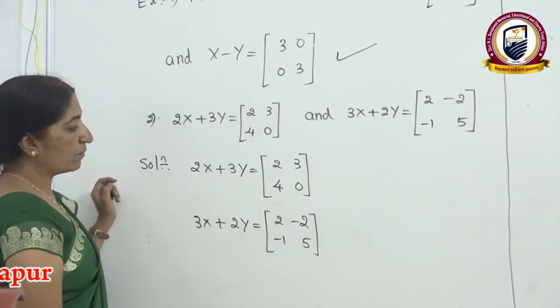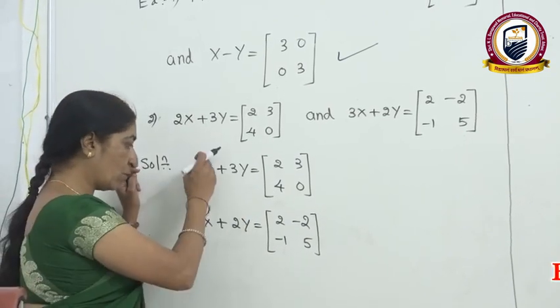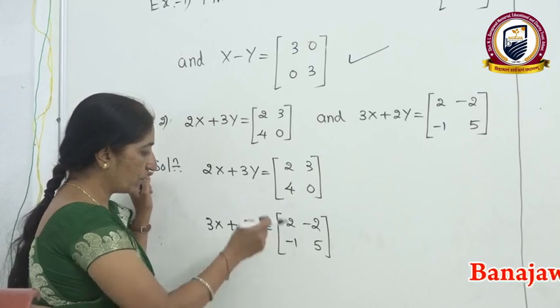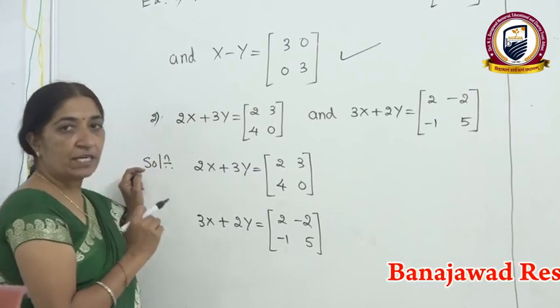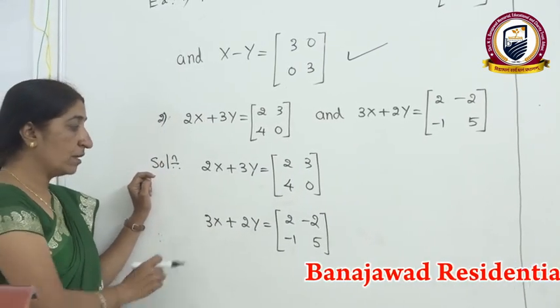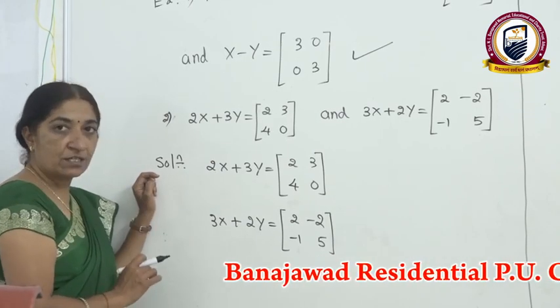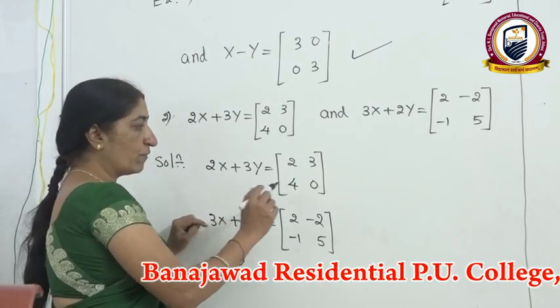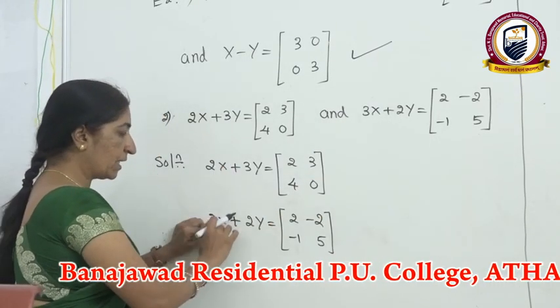So after writing one below the other, like previous, can you cancel x here? No, it is not possible. You cannot cancel y. So in simultaneous equations, what are you doing? We are making the coefficients the same. So to make the coefficients the same, these numbers are interchanged.